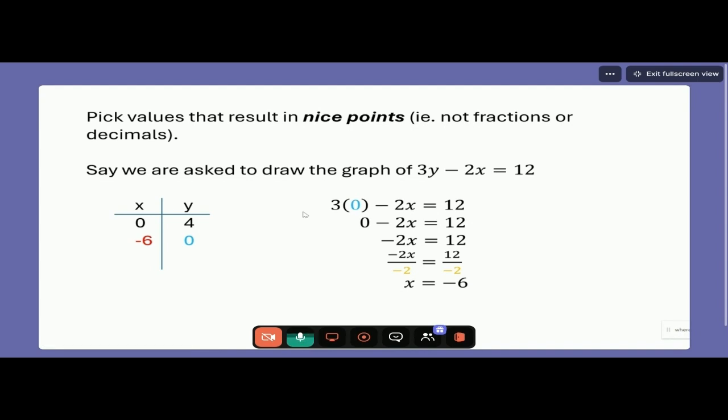Yeah. So the other point that we had previously was x equals 3, y equals 6. Look at that. 3 times 6 is 18. Minus 2 times 3 is 6. So 18 minus 6 is 12. All the points we got make the equation true. But the two we're going to use here are 0, 4 and -6, 0 from this chart.